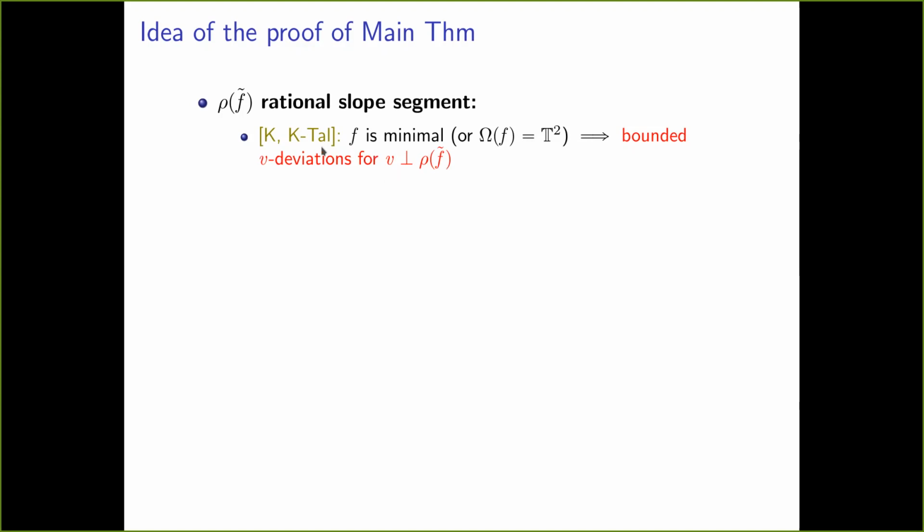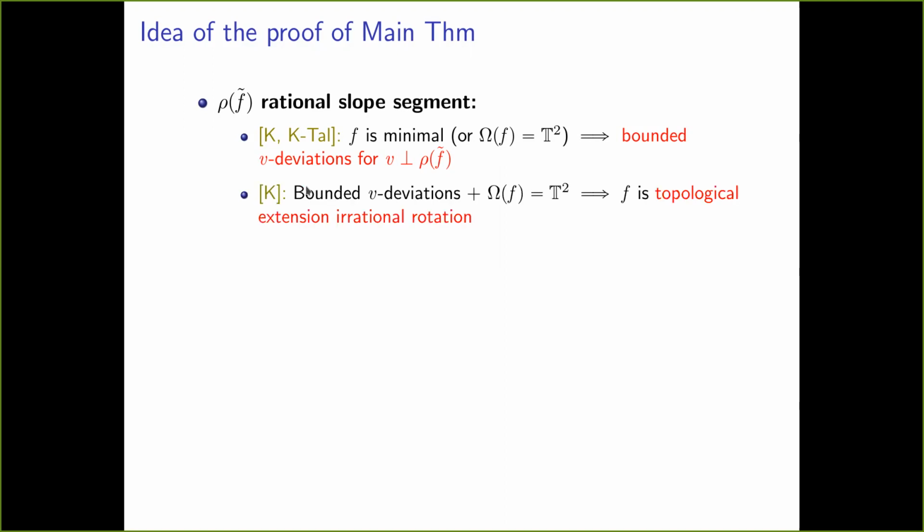And in this case, when you know that it is a segment, and if F is minimal, I prove that you have boundedness of rotational deviations. And this is the work in progress that I mentioned before with Fabio. We are extending this considering not just minimal, but non-wandering homeomorphisms.